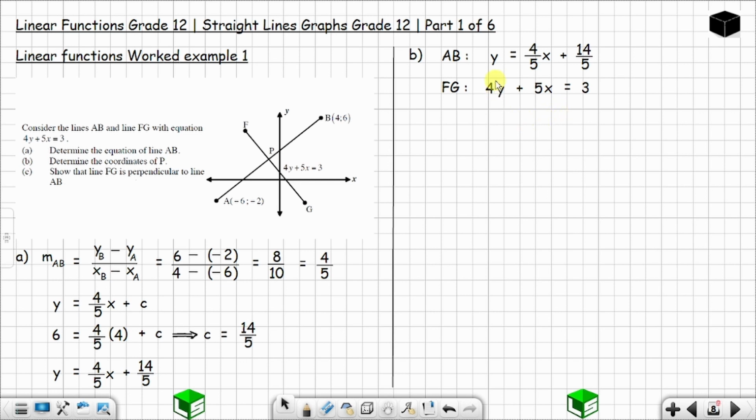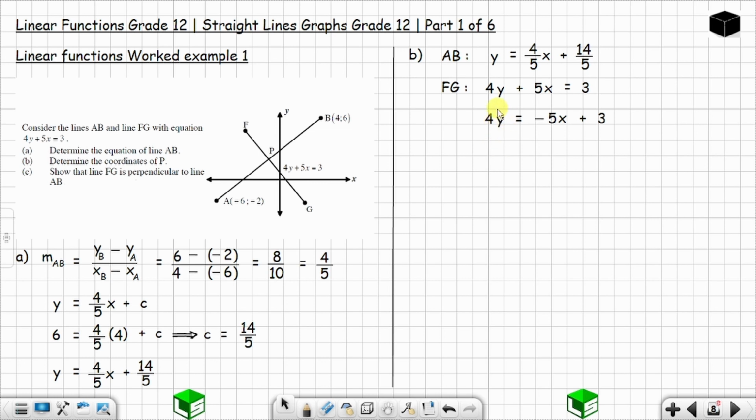What you can do is keep 4y on one side. This is equal to, you have this 5x to the right, it becomes negative 5x, plus 3. You divide by 4 throughout so that you can have y only on the left.